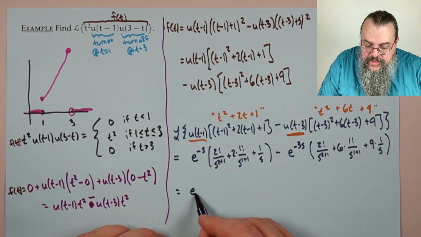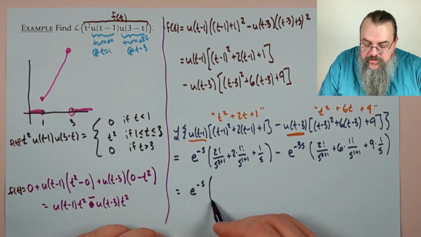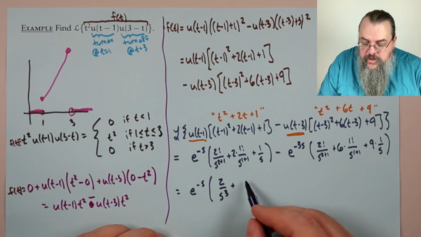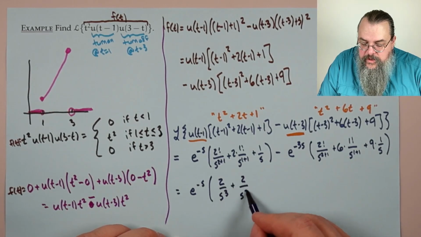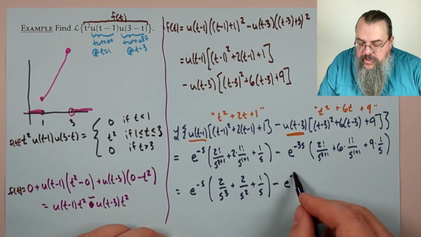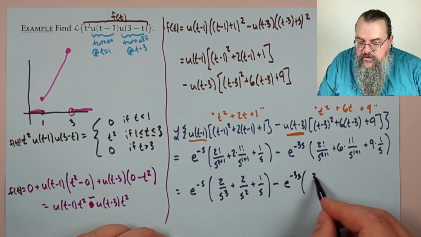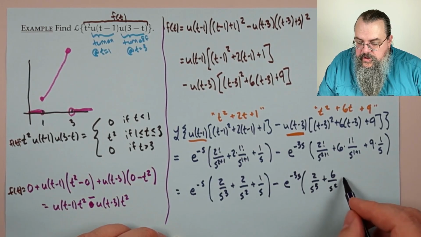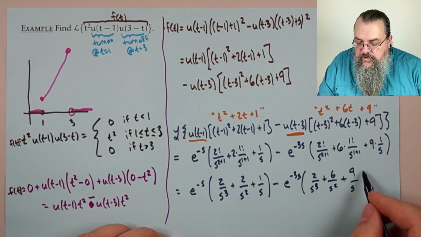I'm just going to go ahead and clean up these numbers. e to the minus s, we have 2 over s cubed plus 2 over s squared plus 1 over s, minus e to the minus 3s, 2 over s cubed plus 6 over s squared plus 9 over s.